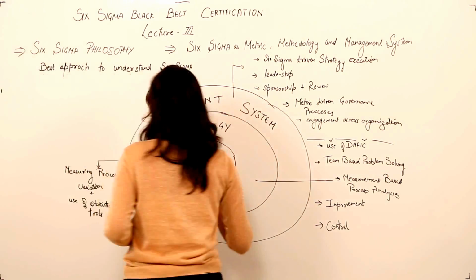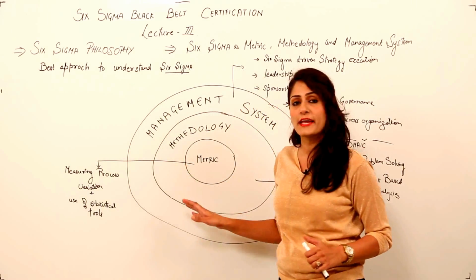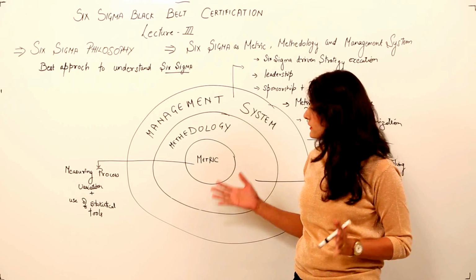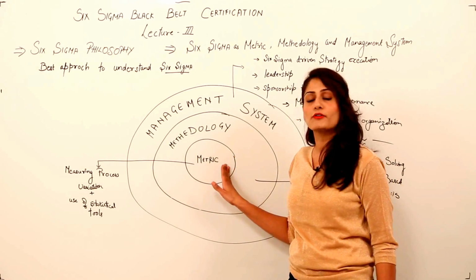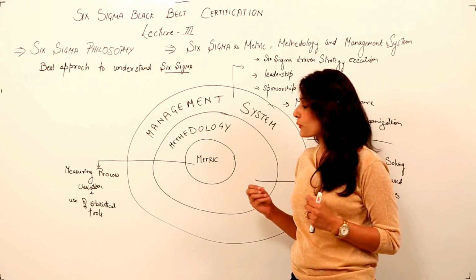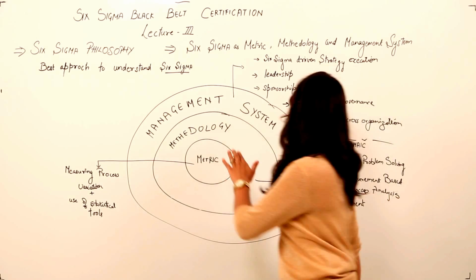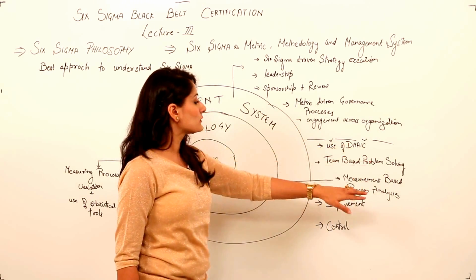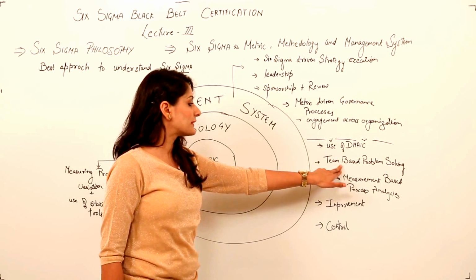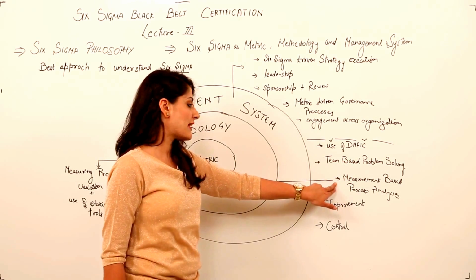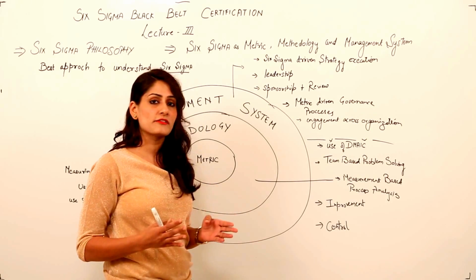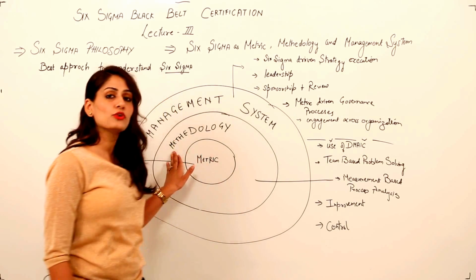When we talk about measuring process variation, using statistical tools, bringing down defects and so on and so forth, we are talking about Six Sigma as a metric. When we talk about using DMAIC as a process improvement model, team-based problem-solving techniques, measurement-based process analysis, improvement and control, then we are working on Six Sigma as a methodology.